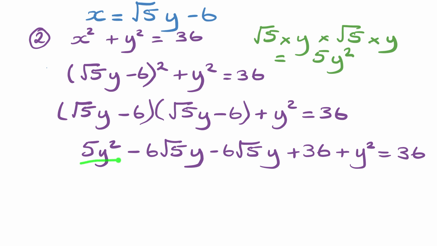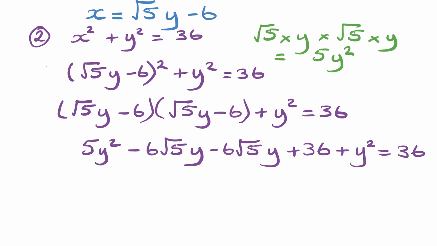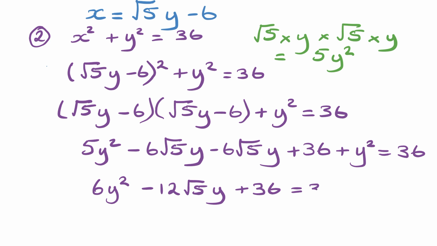So we have a squared term, here we have a root 5y term, and here we have a number term. So we've got 5y squared plus y squared. That gives us 6y squared. Negative 6 root 5y, we've got two of those, so that would give us minus 12 root 5y. And then lastly, plus 36. And that all equals 36.